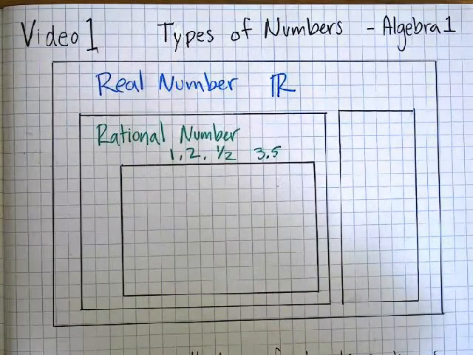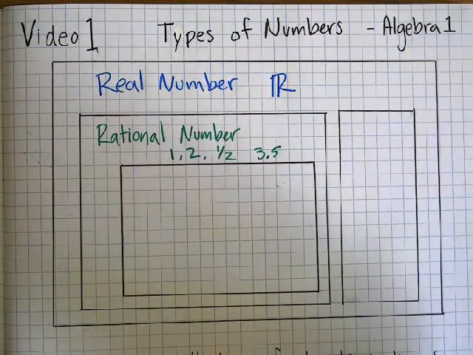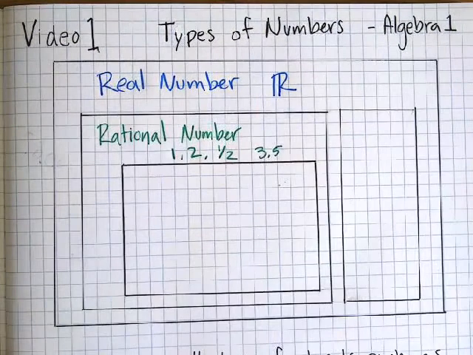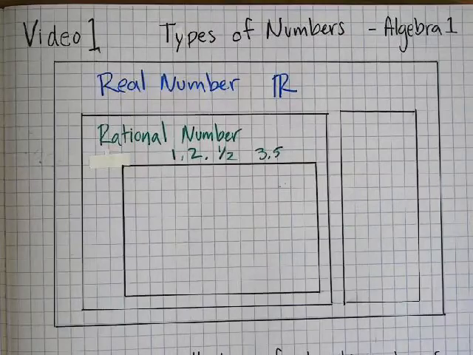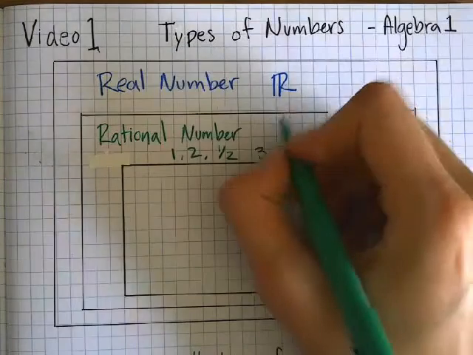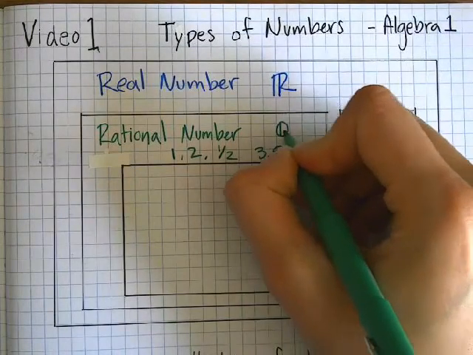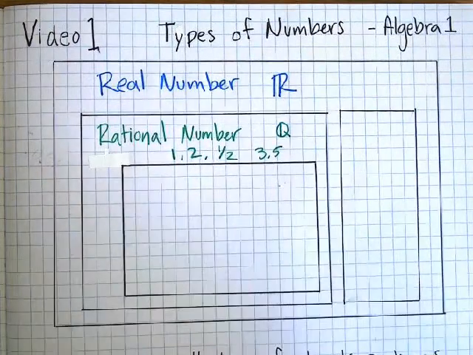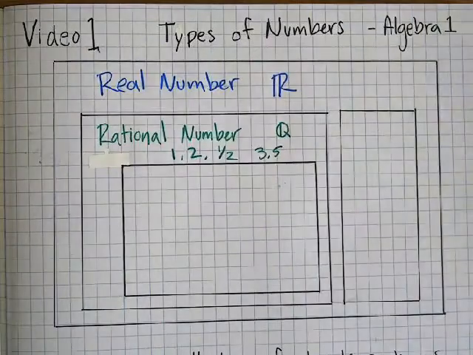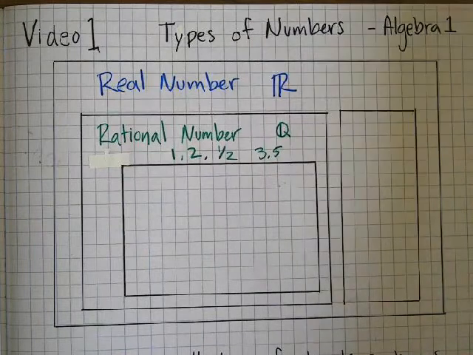These numbers are fractions or decimals that stop. Okay? These are numbers that you see all the time. Their symbol is a Q. Okay? Our symbols you might not need to know, but they are kind of handy just to kind of know what they might be. Okay?